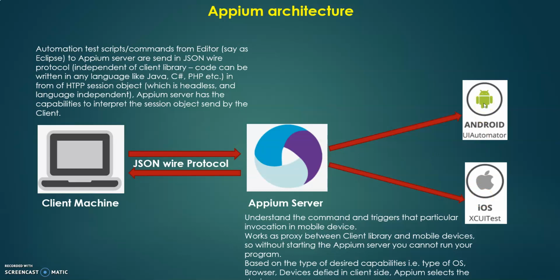At Android, there is an internal framework defined by Android only, which is UiAutomator. With the help of that, it takes care of the request, and the same goes with iOS. Here it is the XCUITest, and it takes care of the request further.